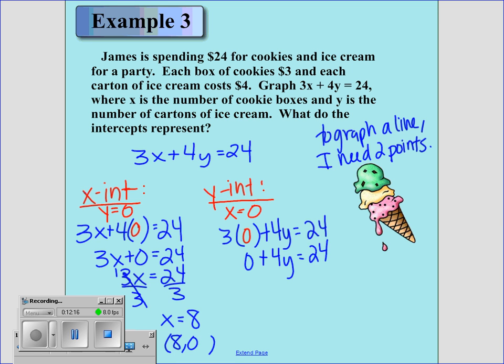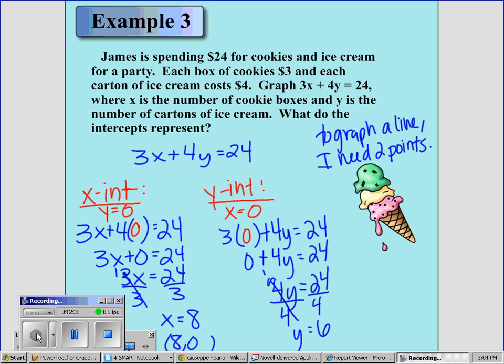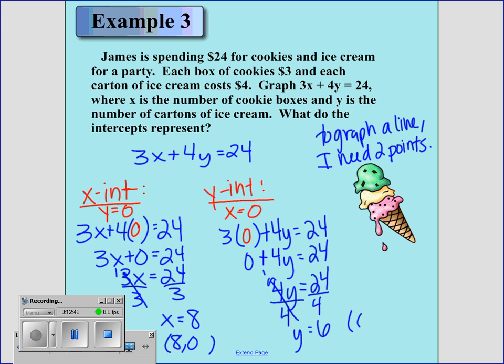Anything plus 0 is just itself, so 0 plus 4y is just 4y. I divide both sides by 4. 4 divided by 4 is 1. 24 divided by 4 is 6. So our point for our intercept is when y equals 6, x equals 0. So that point is (0, 6).